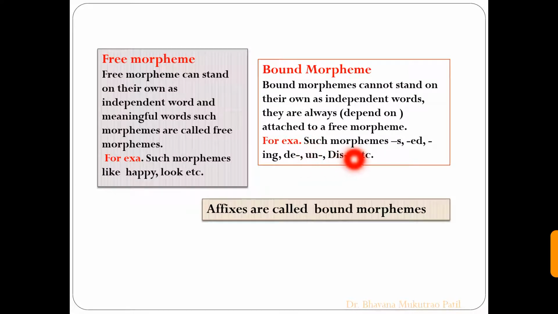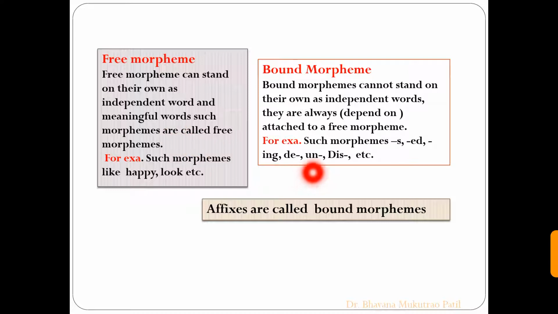Here are examples of bound morphemes: s for making a plural, ed for changing the tense, ing as a present participle, and un for making the opposite or negative meaning. Dis too. There are many bound morphemes; here I just give some examples. These bound morphemes always depend on a free morpheme.